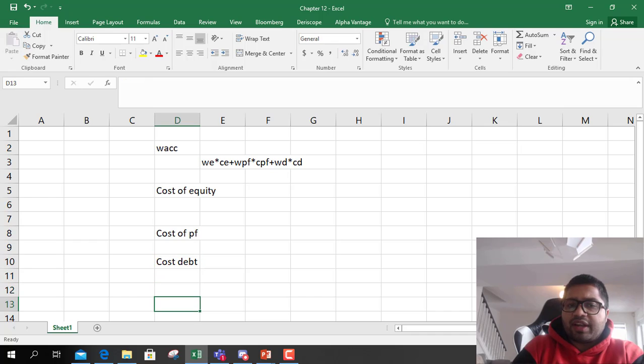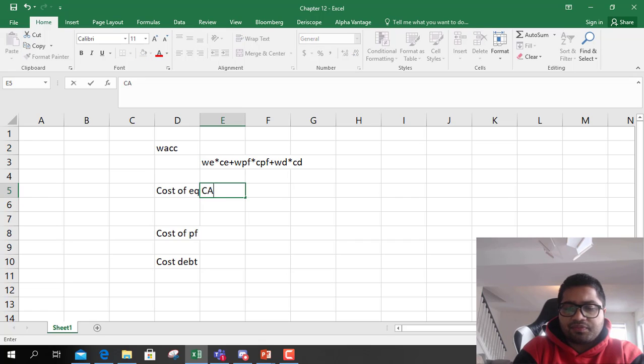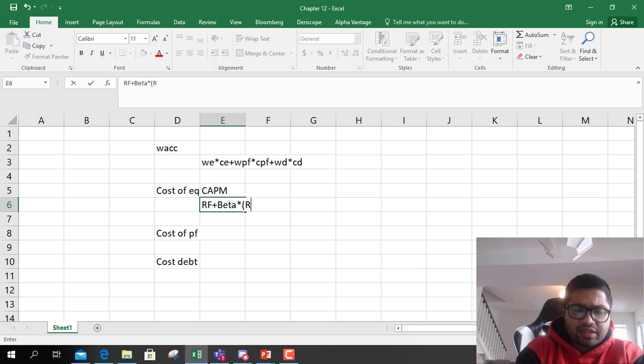So one way to find out cost of equity is using the CAPM model. What does the CAPM model suggest? The cost of equity is the risk-free rate plus beta times the return on market minus the risk-free rate.